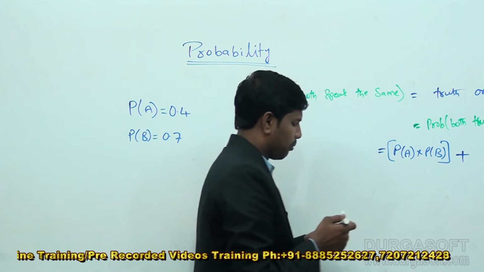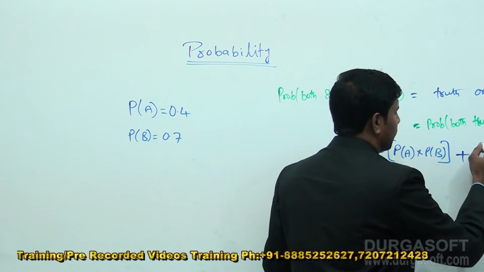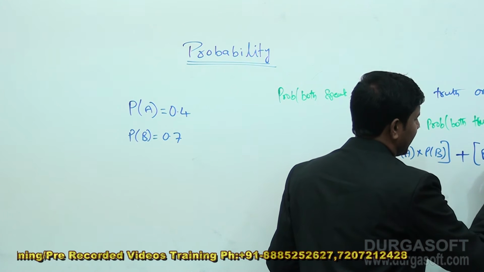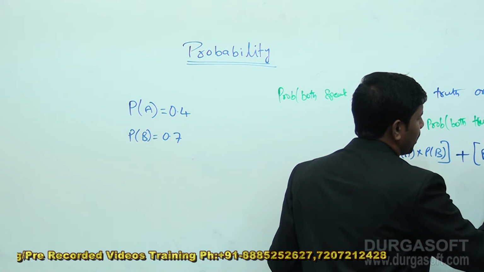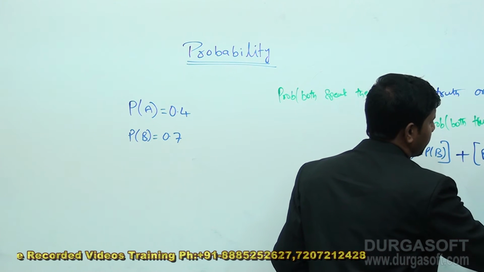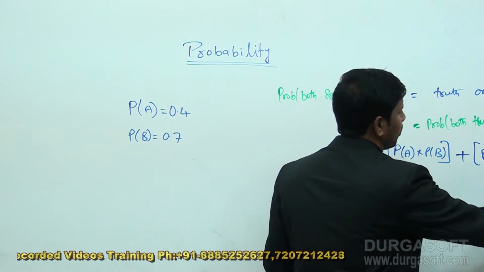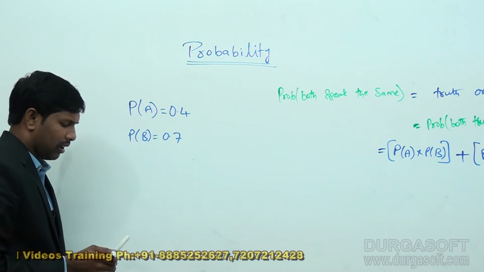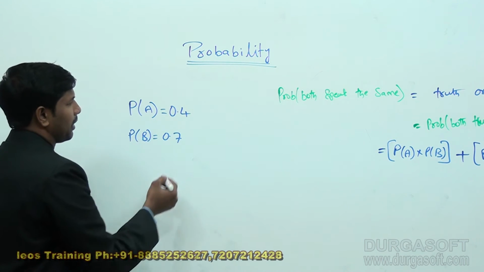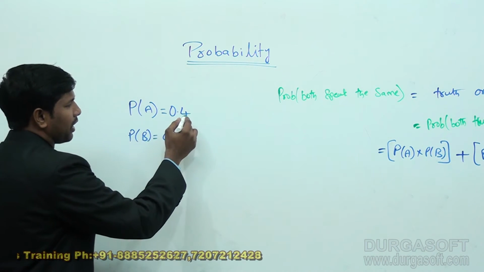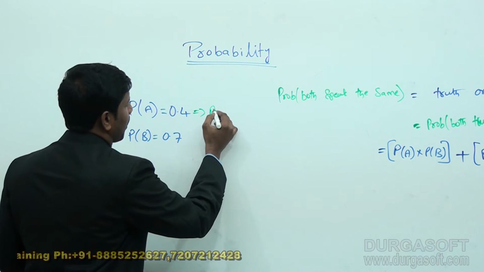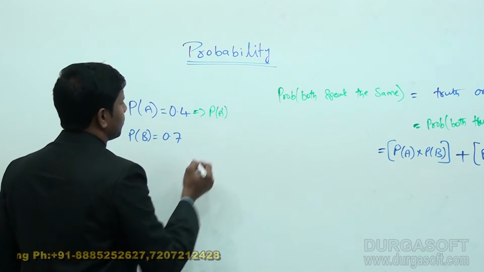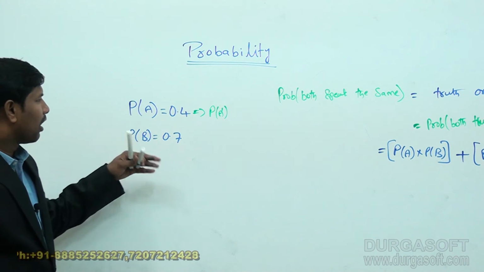Now the probability of both speaking false: if I consider that event as A dash, then it is probability of A dash into probability of B dash, because these two are also independent events. Now, what do we mean by probability of A dash? When the probability of A is 0.4, the probability of A dash is speaking false.